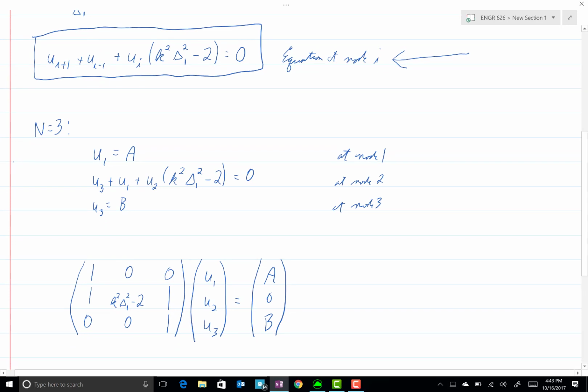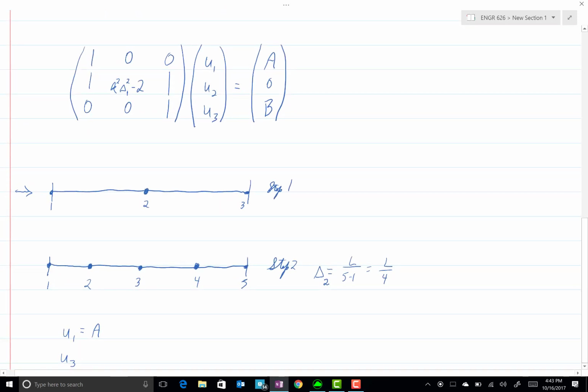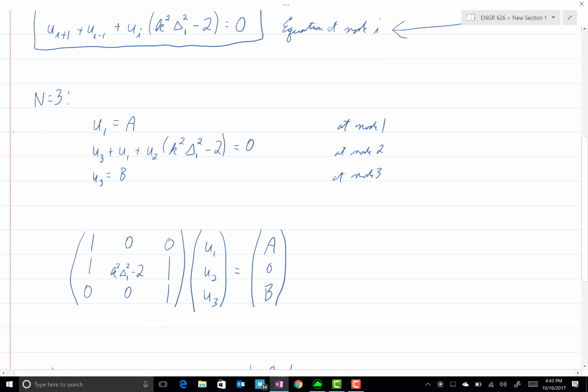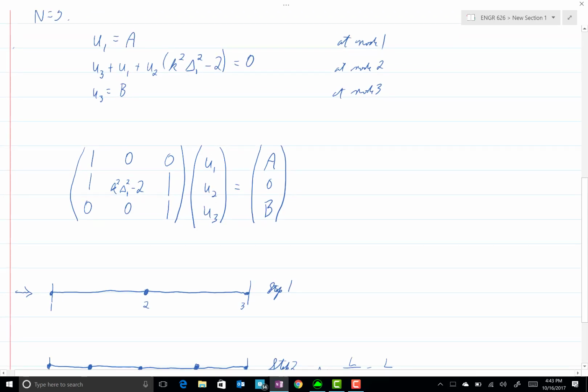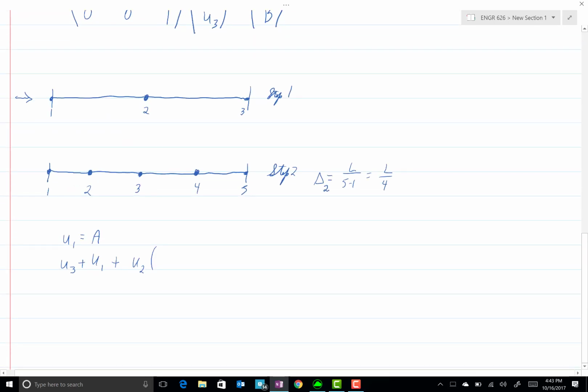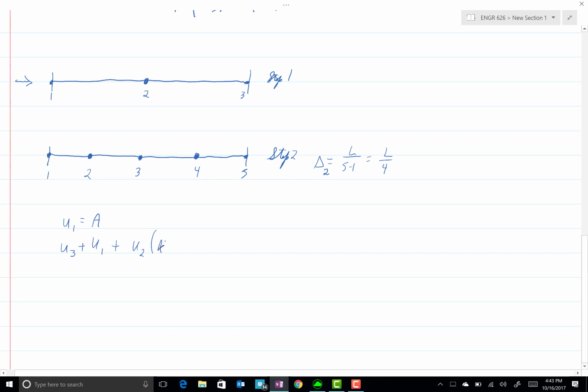So what this will become then at node 2, we will have U3 plus U1 plus U2 times k squared delta 2 squared minus 2 is equal to 0. This is the equation at node 1. Here's the equation at node 2.